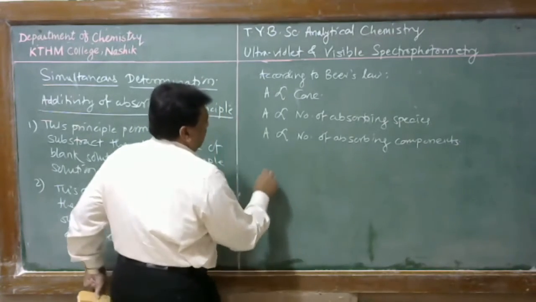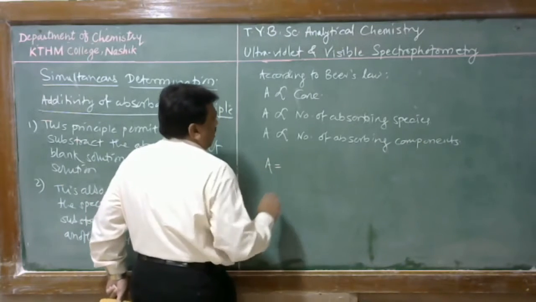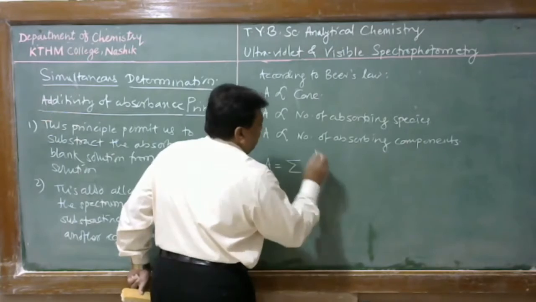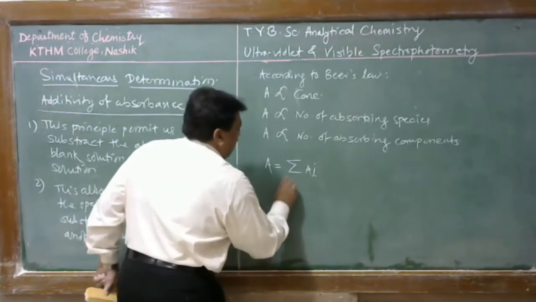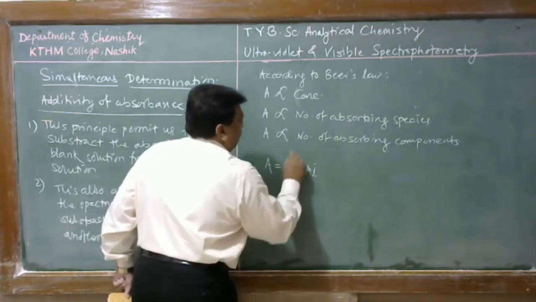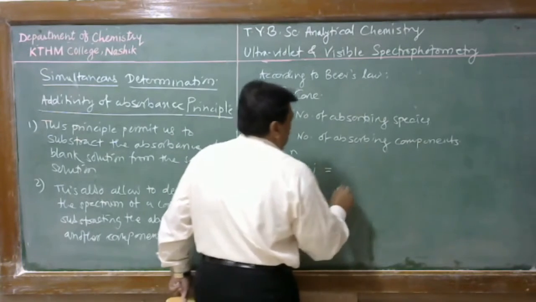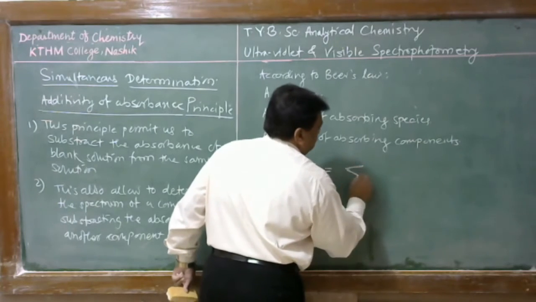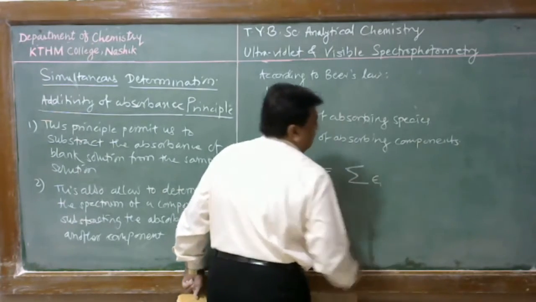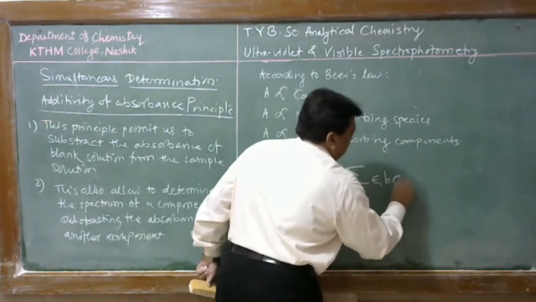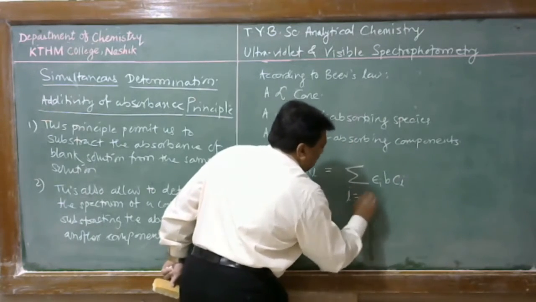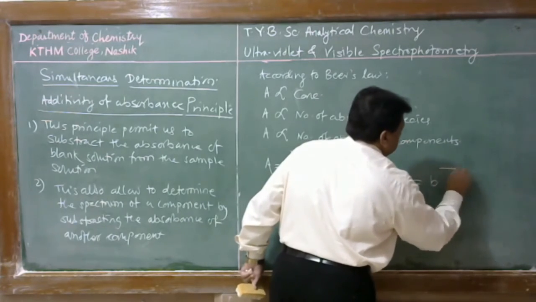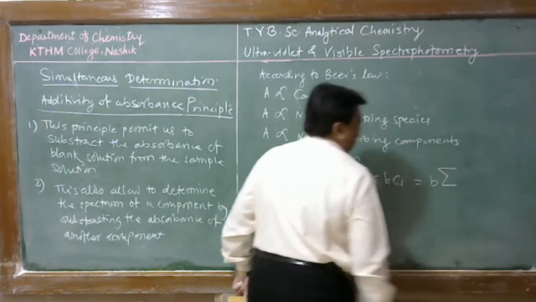And therefore, we can write total absorbance is equal to the summation of the absorbance of the i-th component, i from 1 to n. Therefore, it is equal to the summation of epsilon i into b into Ci, i from 1 to n, where b is 1 centimeter, or constant for the measurement.